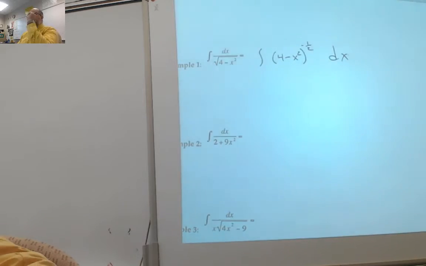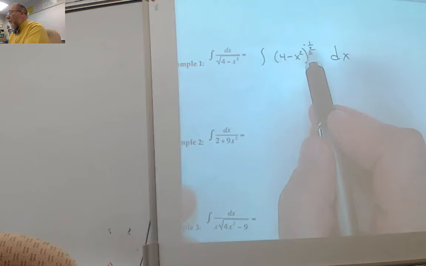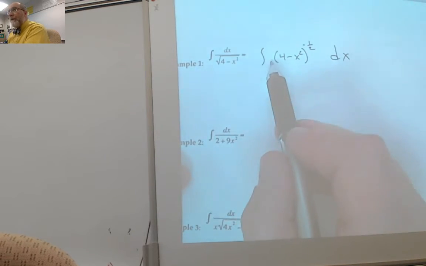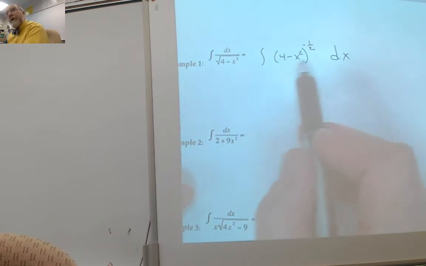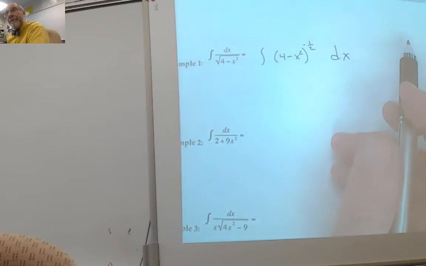And the first thing I try to do when I see an exponent other than a negative 1, I think about reversing the power rule. By that, I'm thinking about adding 1, getting a half, multiplying the front by a 2, which is its reciprocal, keeping this inside and adding c. And then I'd be done. It's a lot less work.